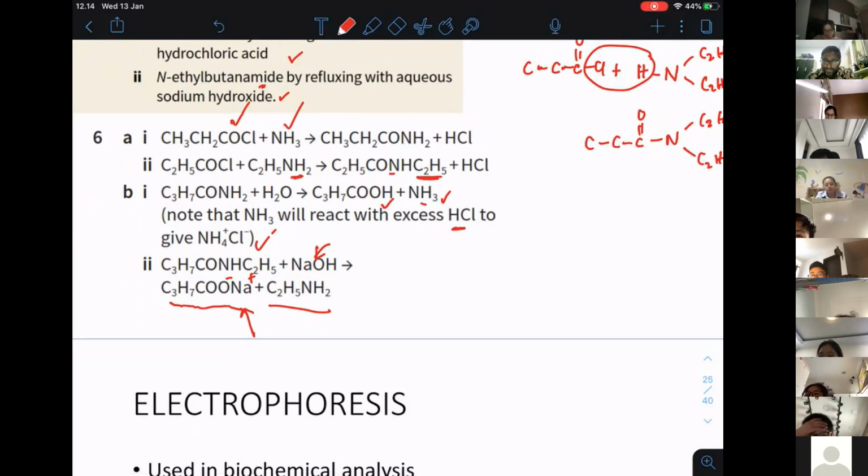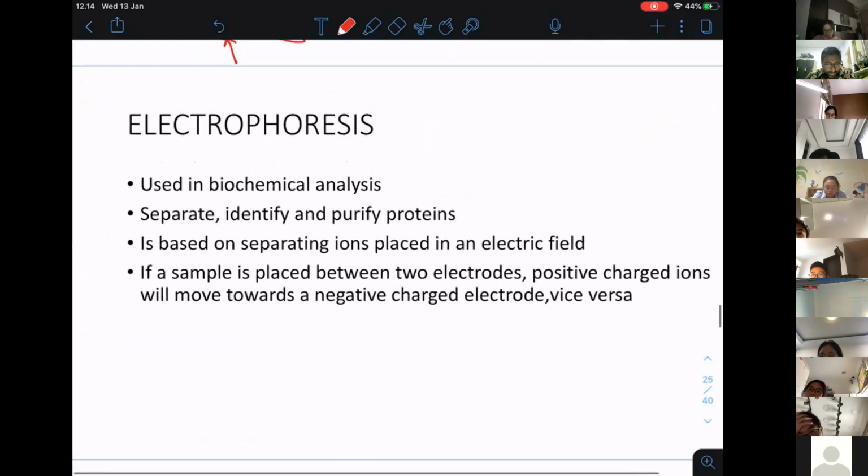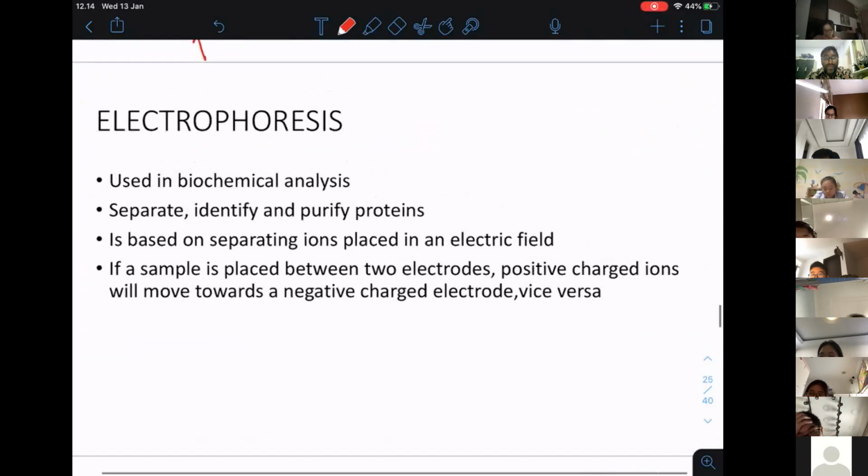Okay, let's move on. Now, electrophoresis. We use electrophoresis in biochemical analysis. What is it for? We use it to separate, identify and purify proteins. It is based on separating ions placed in an electric field.